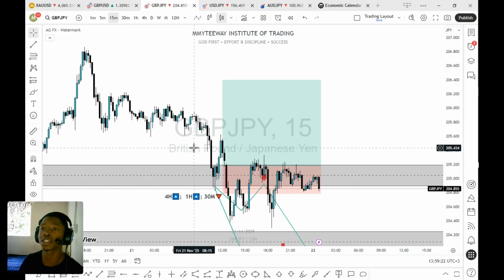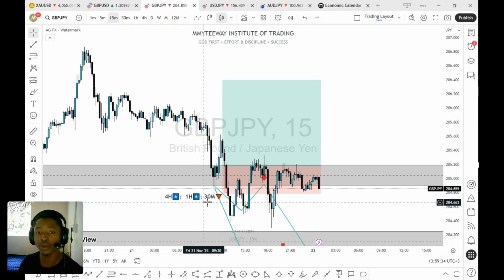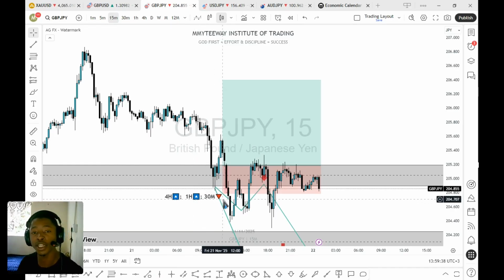The graph starts turning in the lower time frame before you can see that it has already turned in the bigger time frame. So this was one of the mistakes. The 1 hour and 30 minutes were not in the same direction.